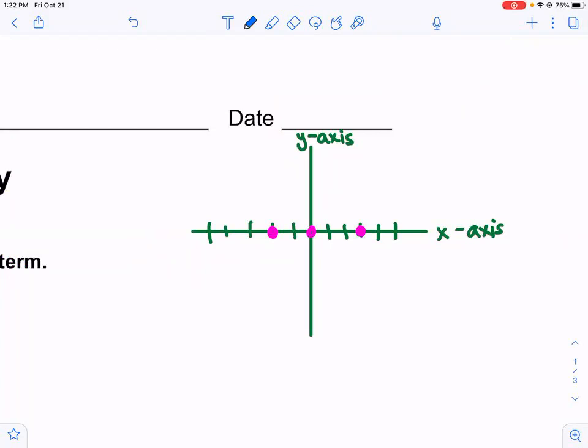I then want you and your elbow partner to have a conversation about what you notice about your 3 points and their 3 points combined.